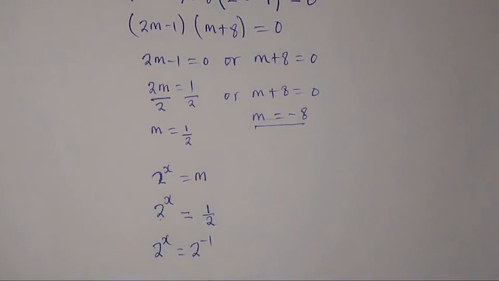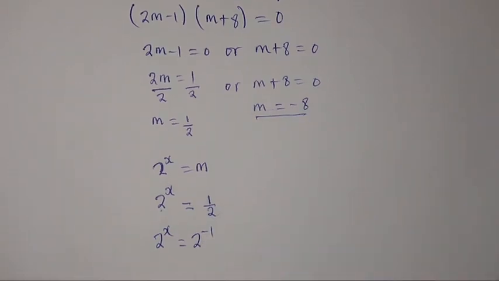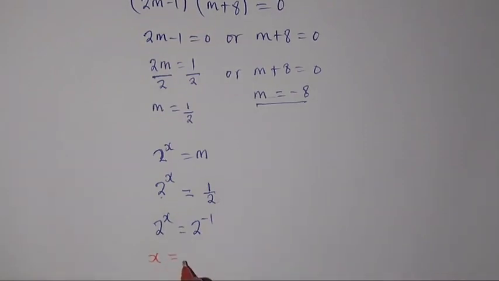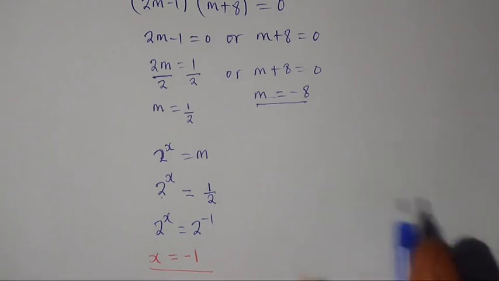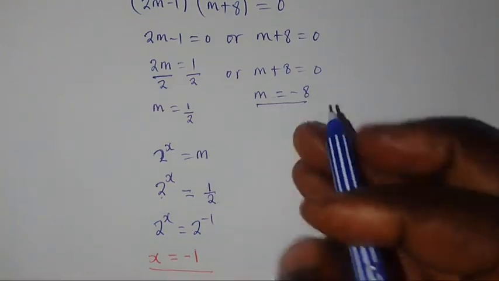So this one, we are going to rewrite in a proper way, in index form, so that we can have the base of 2. Now this one is going to be the power, and it's going to be a negative. So we can see the bases are the same, so the powers are the same. So x is equal to negative 1. This is the value of x. Now we come to the other one, where we had m equal to negative 8.